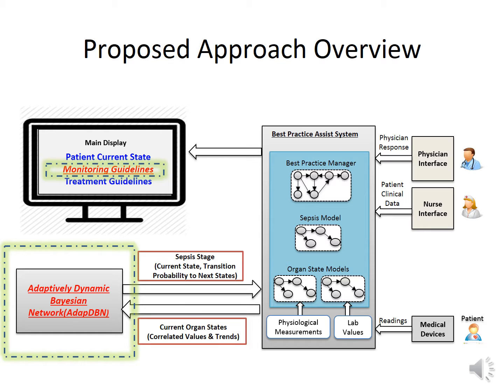If the risk is low, it will keep the same monitoring frequency. If the risk is higher, it will adapt the monitoring guideline to a higher frequency, and more vital signs need to be sampled for a more accurate calculation. This is the overview of our approach.